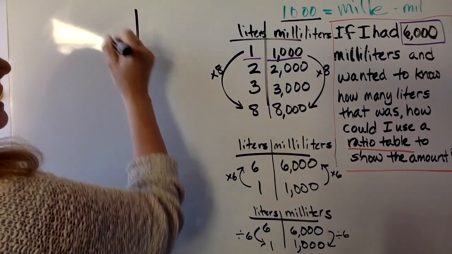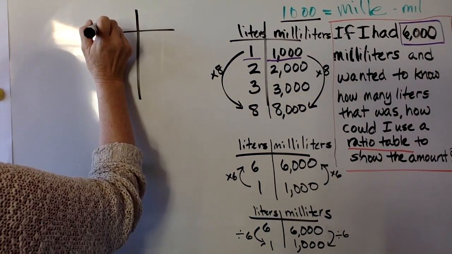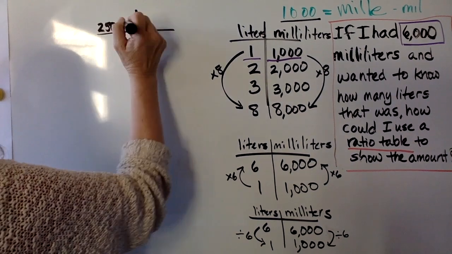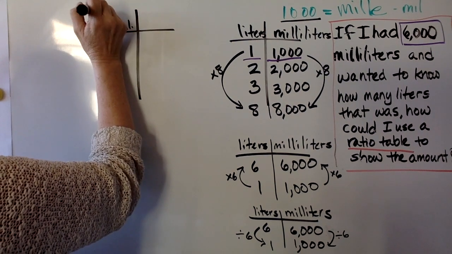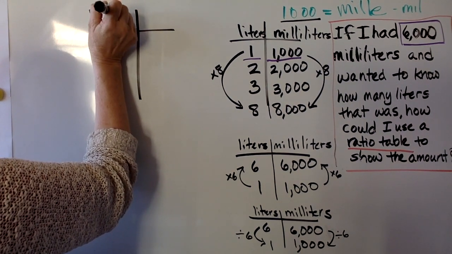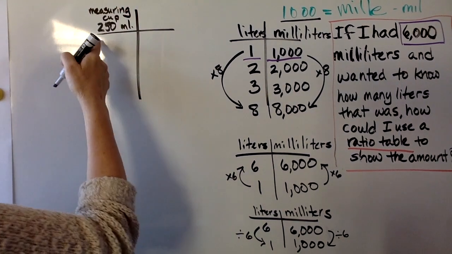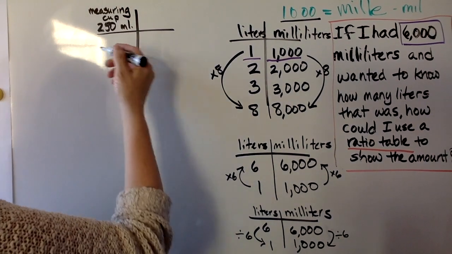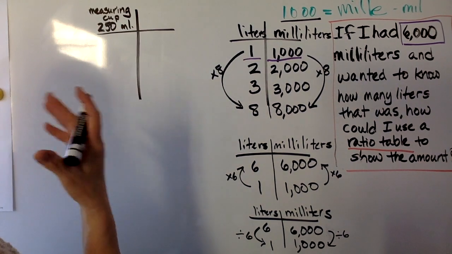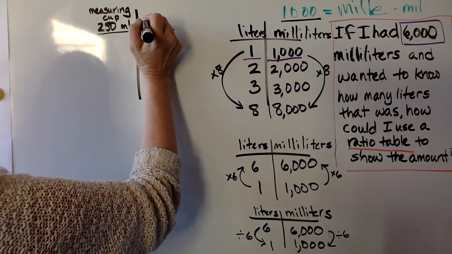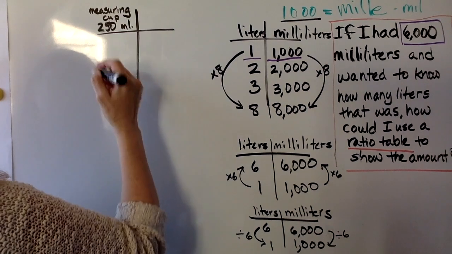Okay, so let's, again, use a ratio table. So 250 milliliters. This is my measuring cup. It's a small measuring cup, but it's good. And I need it to fill up that larger one. But I need to know how many milliliters are in each one of these cups.